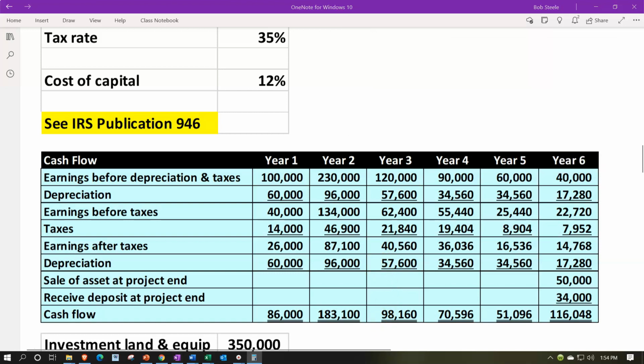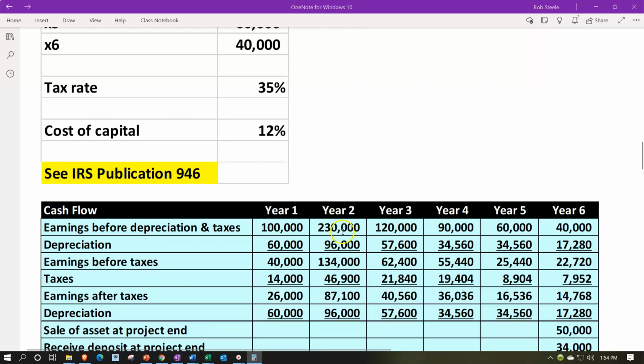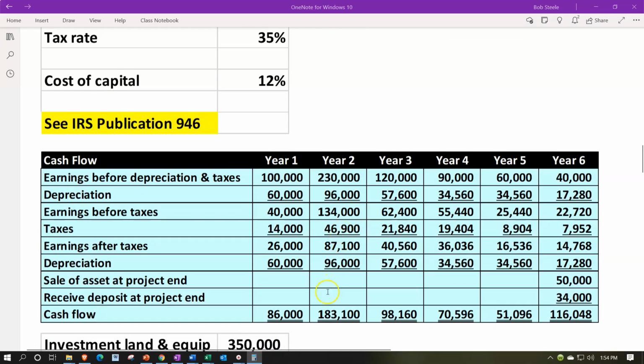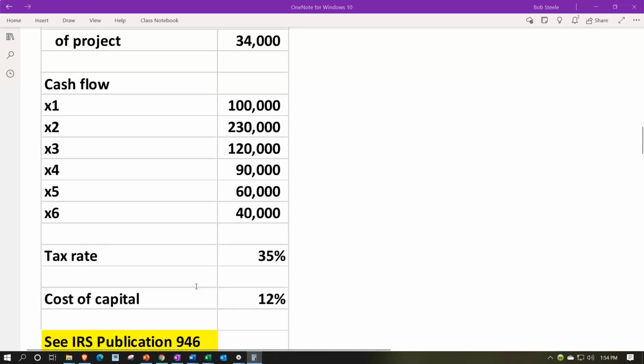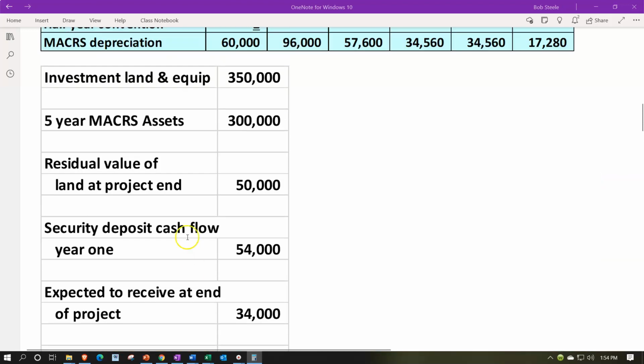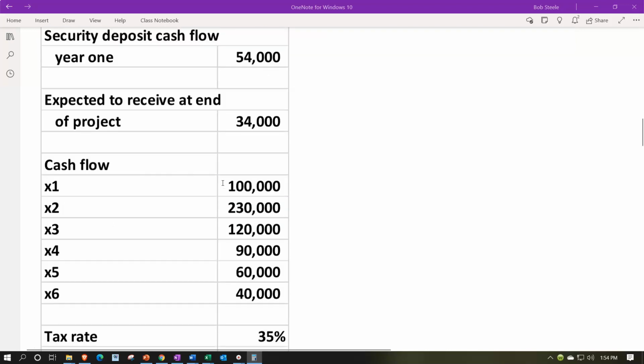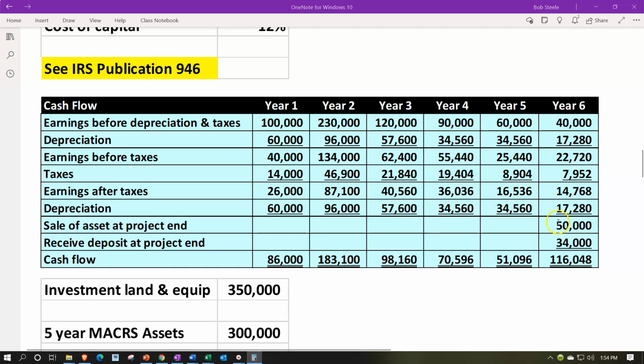Now we also had those added cash flow complications here, in that we had the sale of an asset at the project end. So we're imagining, in other words, that we're going to sell this portion, which we're going to imagine is the land, and get that part of our initial investment back at the end. That's the 50,000. So we're imagining that's an inflow that's going to happen at the end of the process.